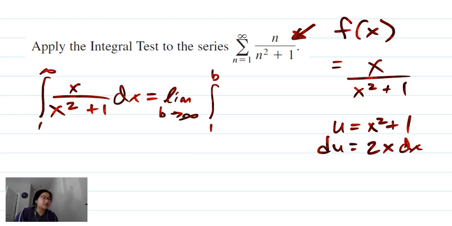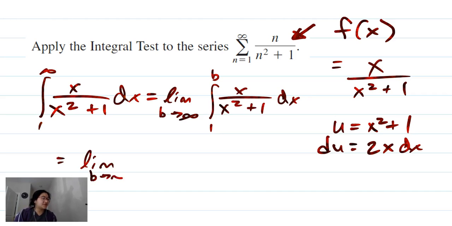And this is x over x squared plus 1, because we're still looking at this in terms of x. And that's going to give us our limit as b approaches infinity. And let's do our u sub, so then we get what? 2, right? 1 squared plus 1, and then b squared plus 1 is still going to be b. And then we're given a 1/2 integral of 1 over u du.